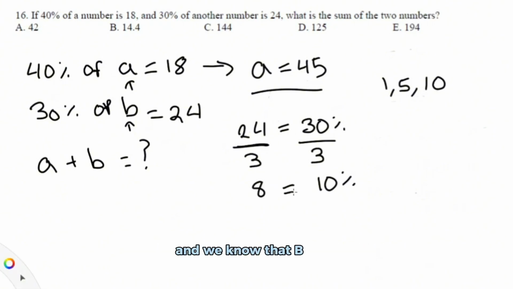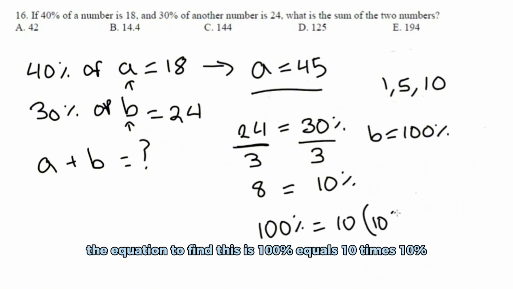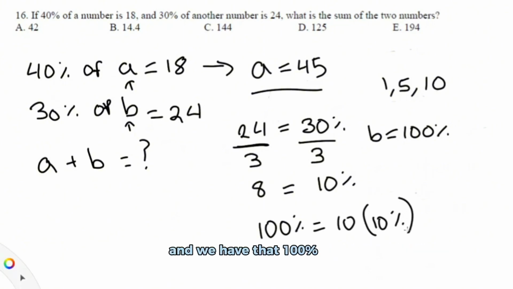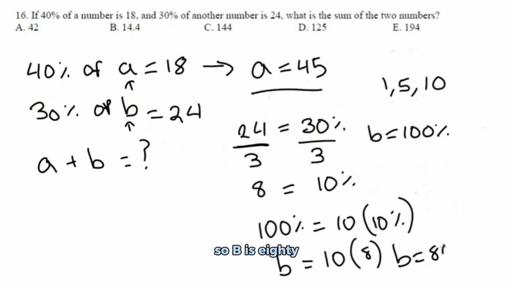And let's not forget that B is 100%. So the equation to find this is 100% equals 10 times 10%. And we know that 100% is B, and the 10% is 8, which means B is just 10 times 8, so B is 80.